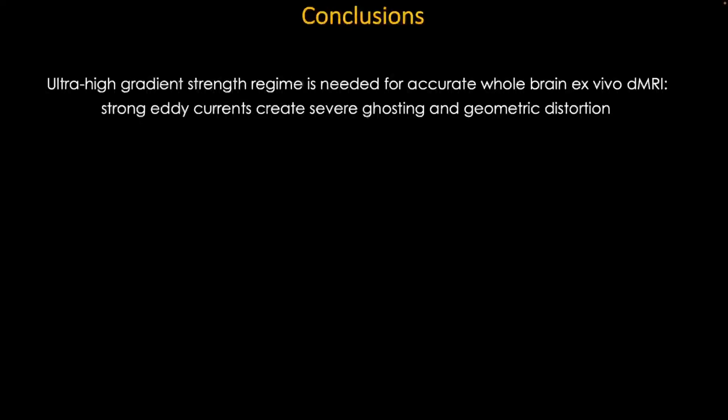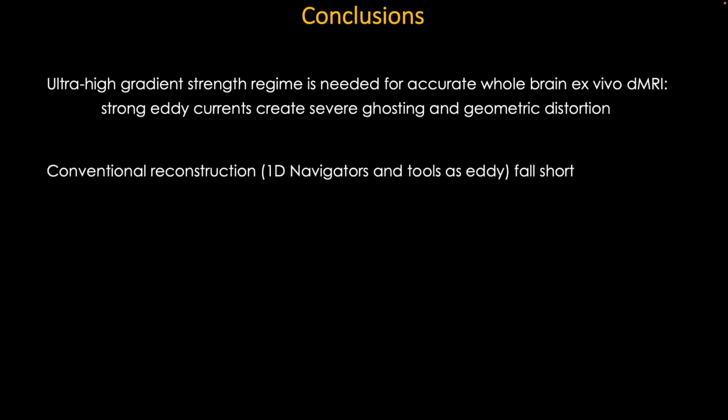As a conclusion, we have demonstrated here that ex vivo diffusion MRI requires advanced model-based reconstruction to deal with ghosting, because the strong eddy currents created with ultra-high gradient strengths create phase modulations that are not well modeled with the conventional techniques.